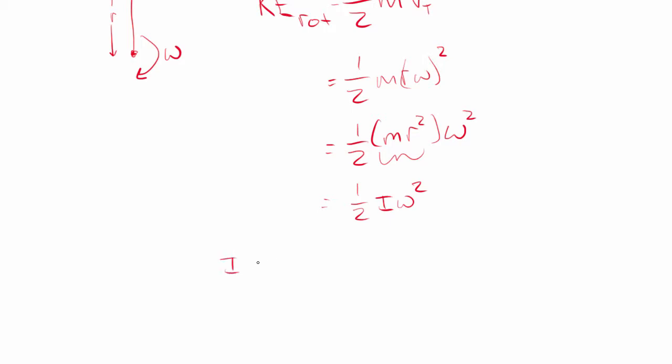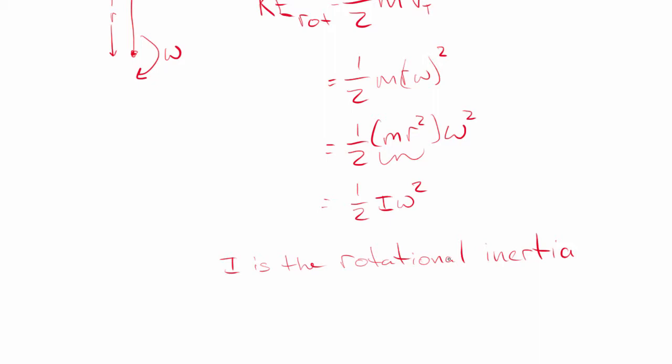And I've sort of hinted at what this concept is before, but it's called the rotational inertia. Now remember, in translational world, mass was inertia.